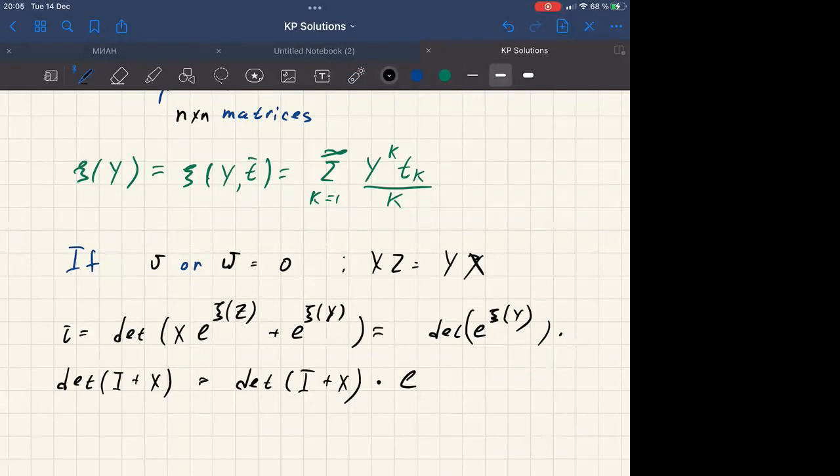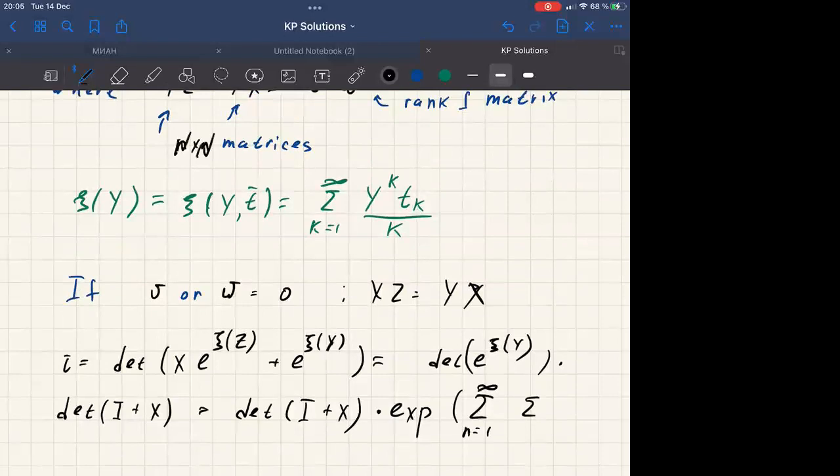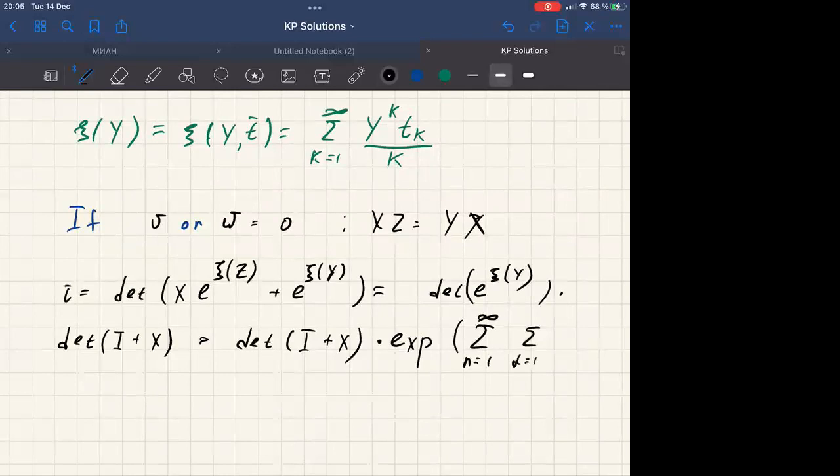Okay, so let me make next, and it goes to infinity, i from 1 to n over alpha times n.